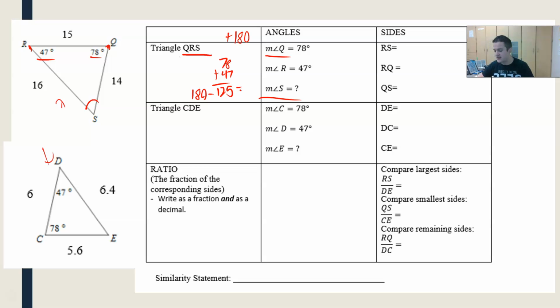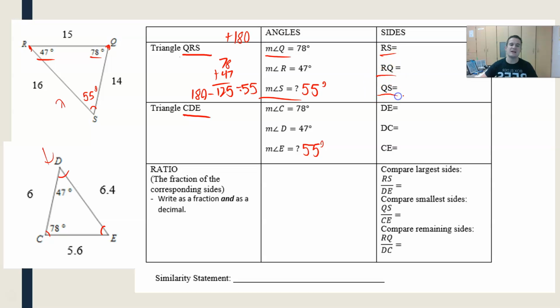Let me type that in my handy-dandy calculator, which gives me 55 degrees. So the measure of angle S is 55 degrees. That's something I know about triangles, the angles all add up to 180 degrees. Let's take a look at triangle CDE. Angle C is 78 degrees. Angle D is 47 degrees. The measure of angle E is going to be 55 degrees.